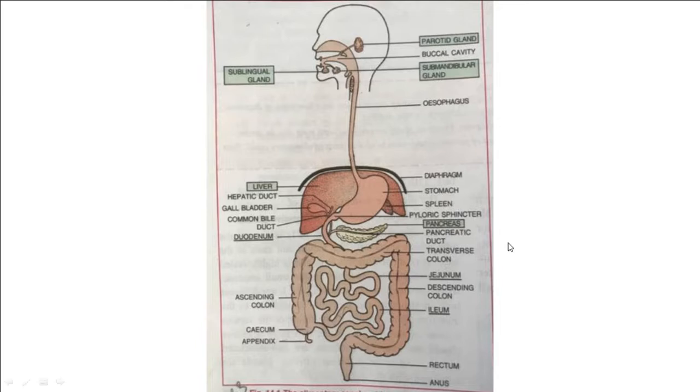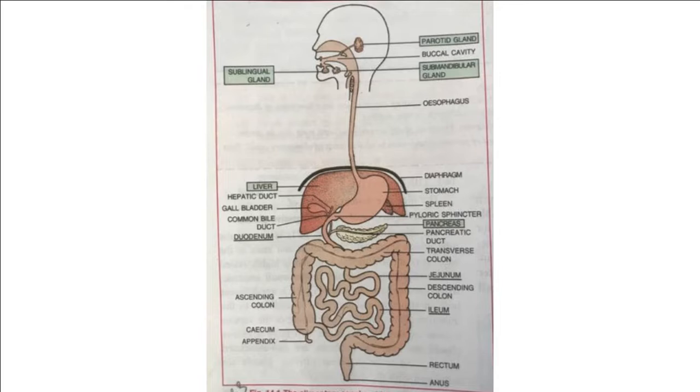Here you can see the pyloric sphincter. This pyloric sphincter helps in connecting the stomach to the small intestine. The first part of the small intestine we call the duodenum.